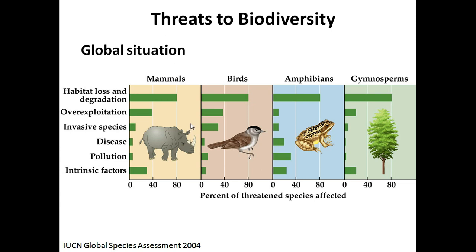In some other cases, look at the mammals and birds. Overexploitation is a significant cause, because if you think about most of the species that we are utilizing, those are either mammals or birds. We don't have any data for fish, but I would expect a large bar for fish too. Okay, so what about amphibians? You can see that pollution is one of the major issues with amphibians.